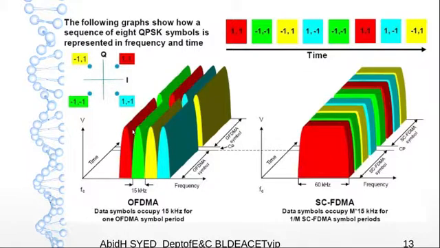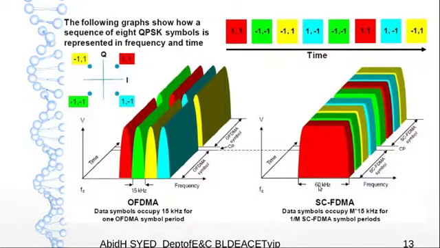As we can see, each one occupies a bandwidth of 15 kHz. All these 4 together make an OFDM symbol. That means we are loading a small part of the data on each subcarrier, and each subcarrier is 15 kHz wide.